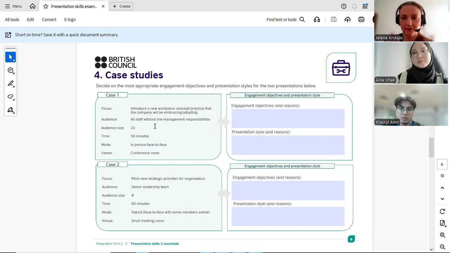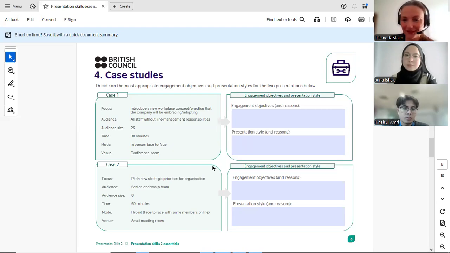I know there might have been a bit more information I was sharing when it comes to the engagement objectives and the presentation styles. So refer to the toolkit, case number 1 is for Aina, case number 2 is for Hyrule. I'll just give you a few minutes to complete this activity.